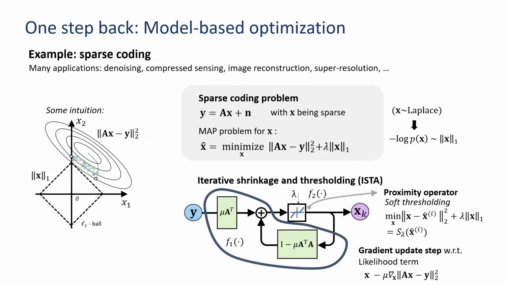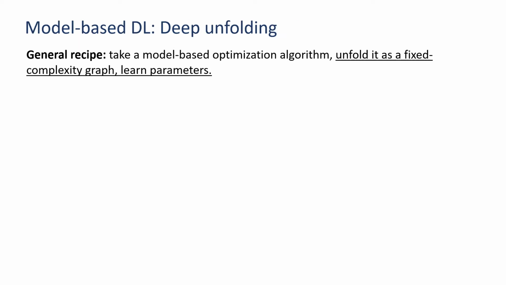Okay, so what does this mean for deep learning? Because this has nothing to do yet with deep learning. Well, let's have a look. What you can now do is take this model-based optimization algorithm and unfold it as a fixed complexity graph and then learn the parameters. This is a process that is called deep unfolding.